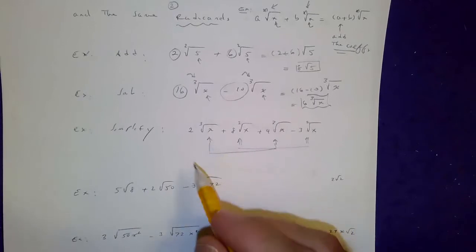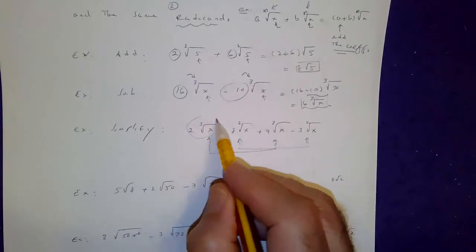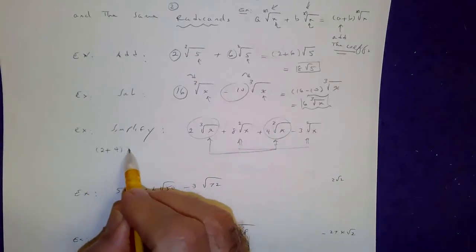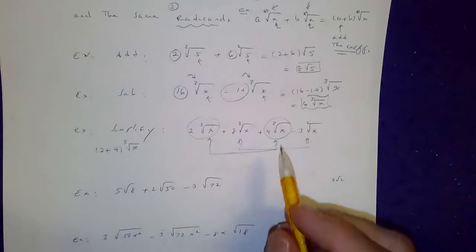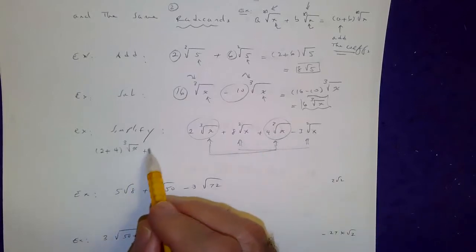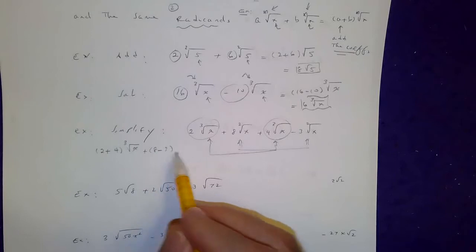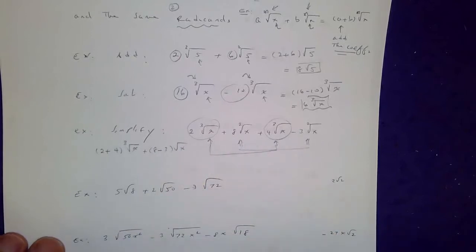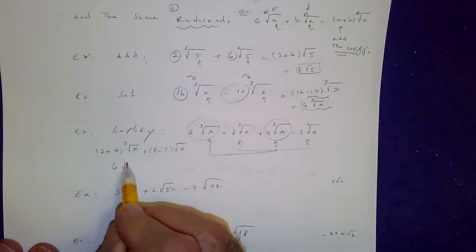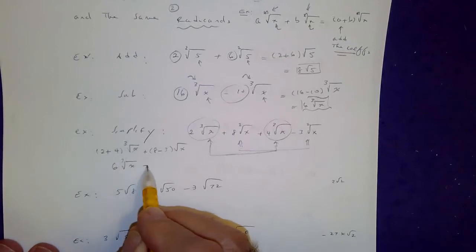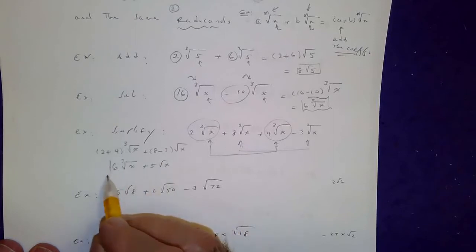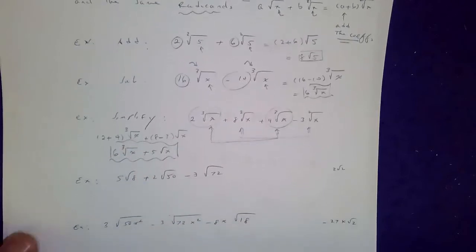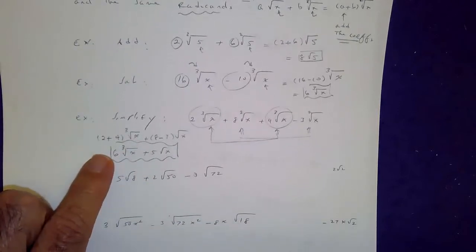So you can add the cube roots first: 2 plus 4, then attach the cube root of x. Then you can combine the square roots by subtracting the coefficients and attaching the common radical. So the final answer is 6 cube root of x plus 5 square root of x, and there is nothing we can do at this point. This is as good as the answer gets. Do you see it?